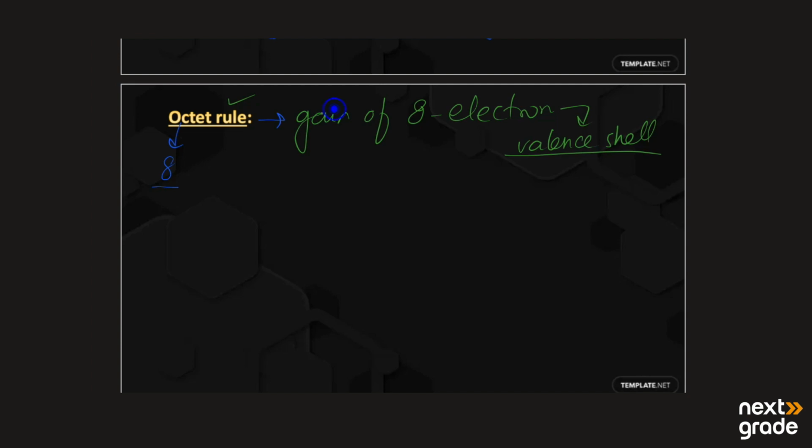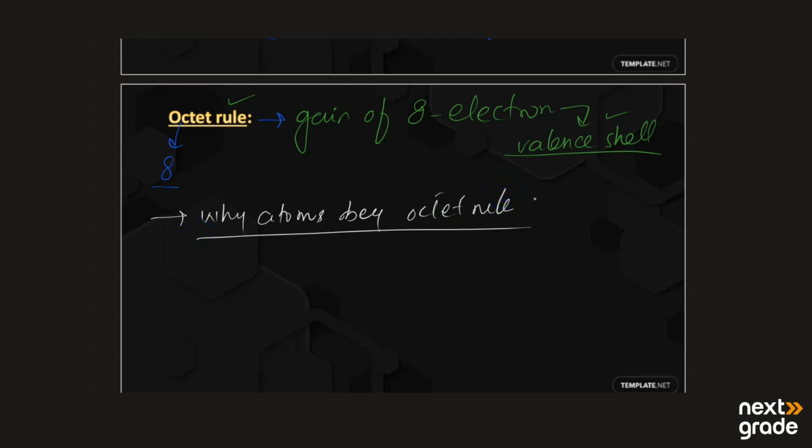The simple answer is to gain stability. Atoms acquire 8 electrons in their valence shell.